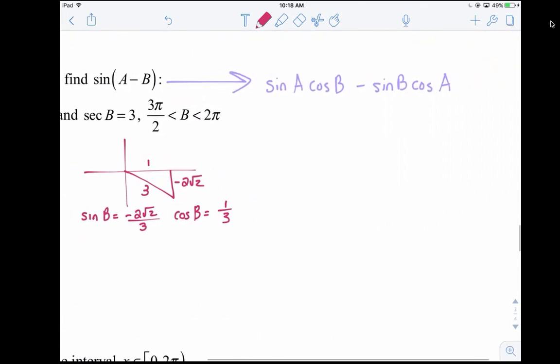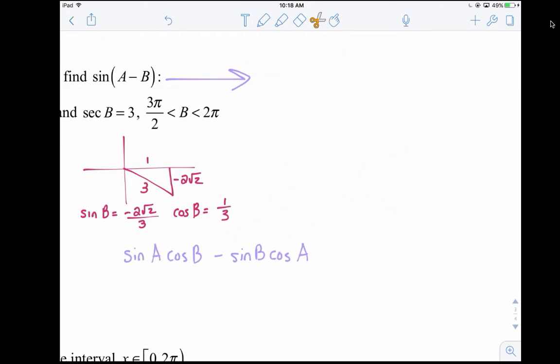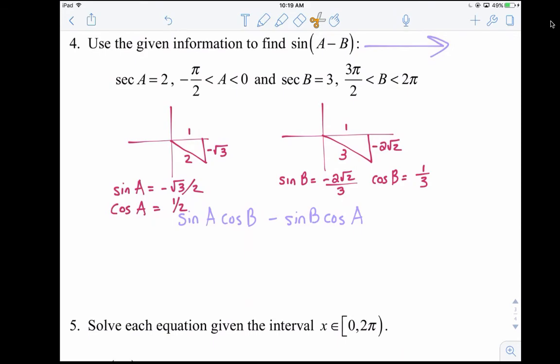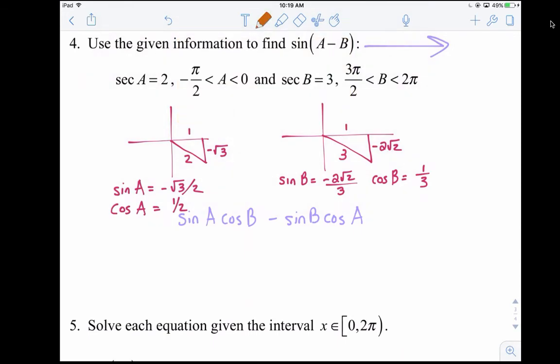So what I'm going to do is move this down here. I have sine of a is negative root 3 over 2, cosine of b is 1/3, minus sine of b is negative 2 root 2 over 3, and then cosine of a is 1/2.